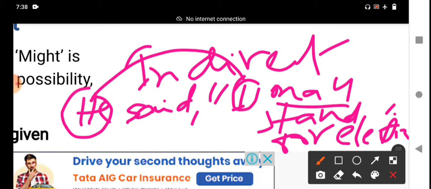Because he is a masculine gender, it is a third person singular. That means he said he may. It is an assertive sentence, so we use the linking word or conjunction. He said that he might stand for election.